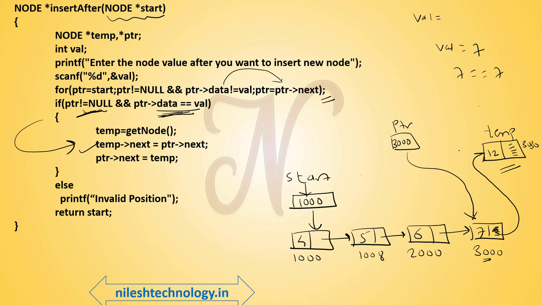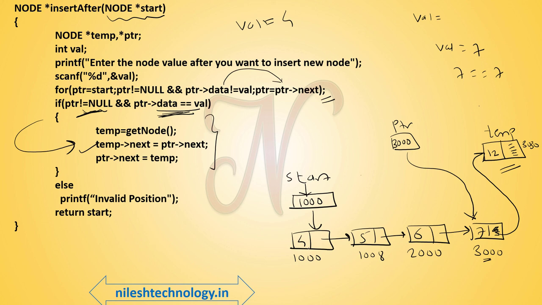The same code is used to insert a node at the ending. You cannot insert a new node at the front of the linked list, because here we insert a node after the current node. If your value is 4, it means you insert a new node after the start node, because 4 is the starting node.